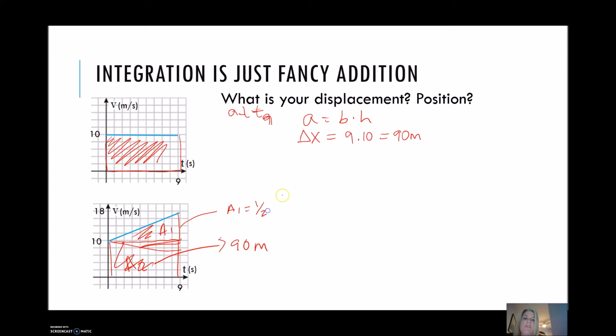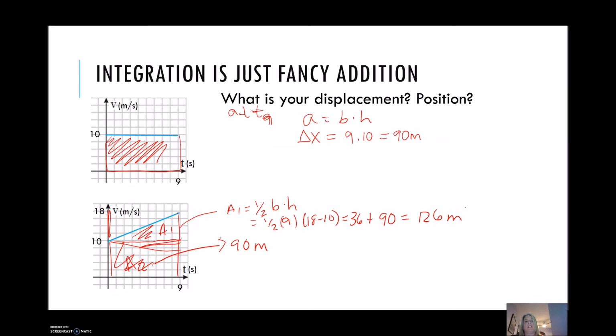So the area equation for a triangle is 1/2 base times height. So 1/2, the base is still 9. The height here is this height, so that's 18 minus 10, or 8. So that would be 4 times 9, which is 36, plus our original, which is 90, which is 126 meters.